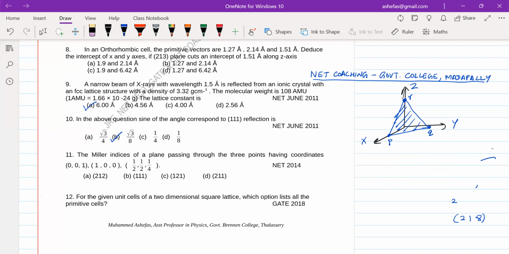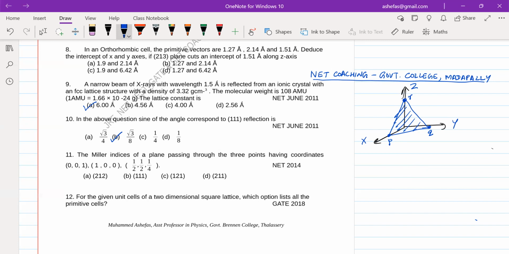Okay, so here the intercepts are not given directly, but instead they have given 3 points: 0, 0, 1, 1, 0, 0, and 1 by 2, 1 by 2, 1 by 4 are 3 points in that plane. So from this information, how can I find the intercepts?